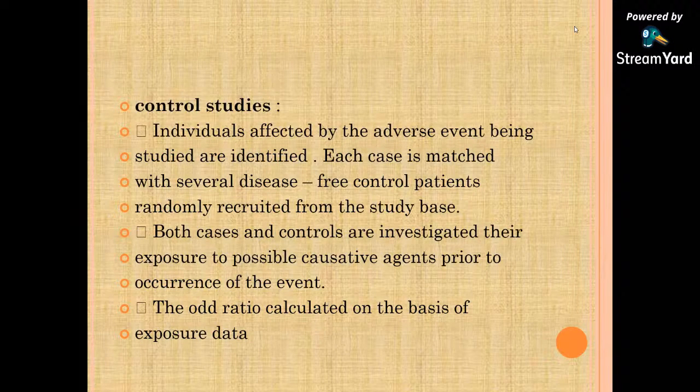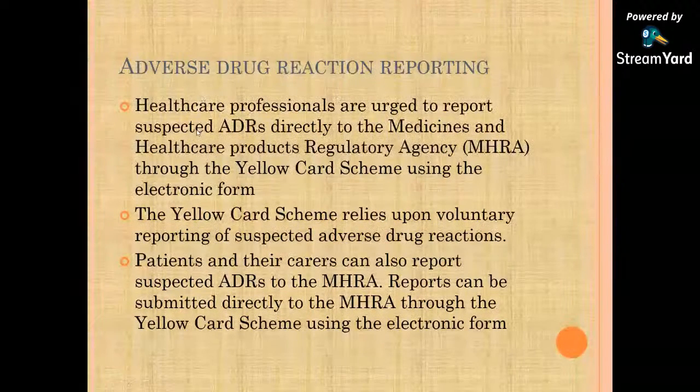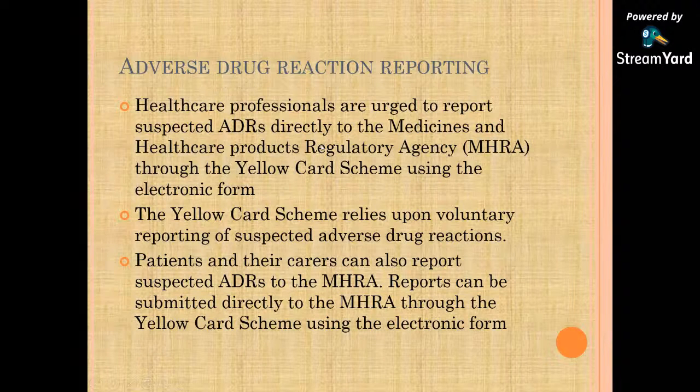In India, the yellow card system is available. So what is the yellow card system? Healthcare professionals are urged to report suspected adverse reactions directly to the Medicines and Healthcare products Regulatory Agency through the yellow card scheme using an electronic form.